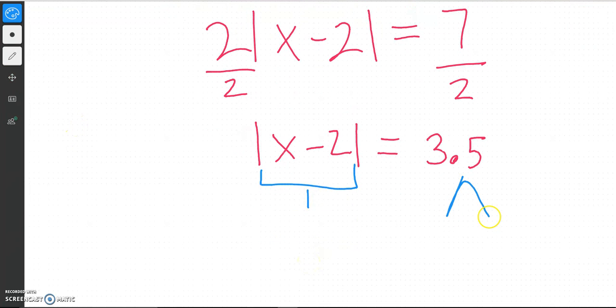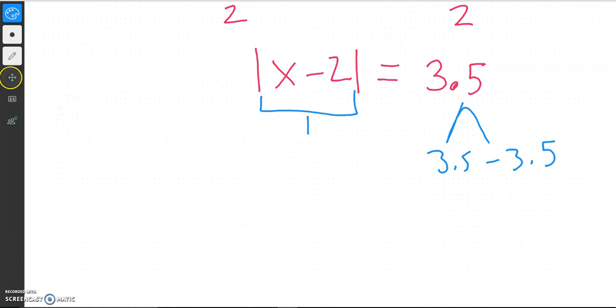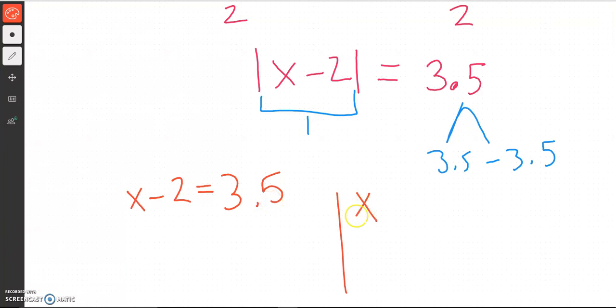It could be 3.5 and negative 3.5. So let's write our new equation with our positive and negative side and try to solve. So x minus 2 equals 3.5 and x minus 2 equals negative 3.5.